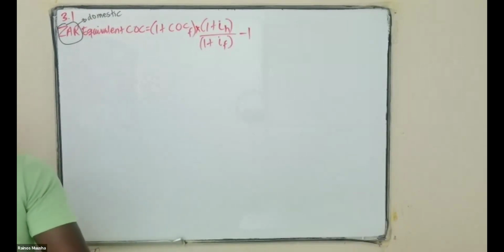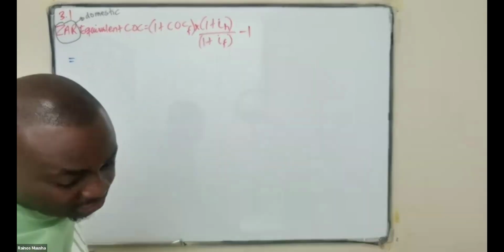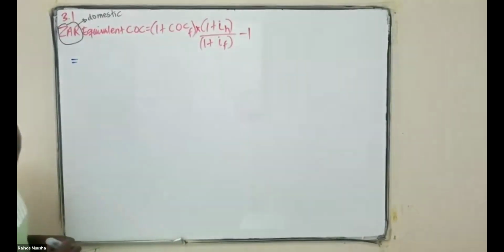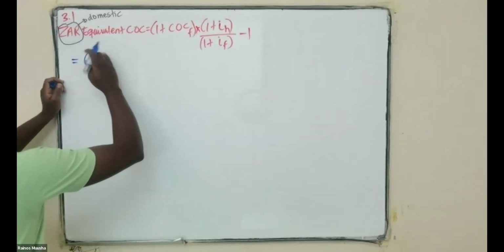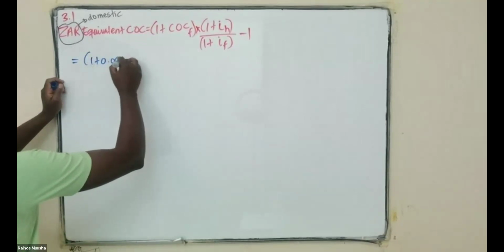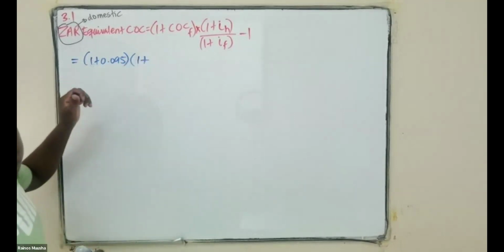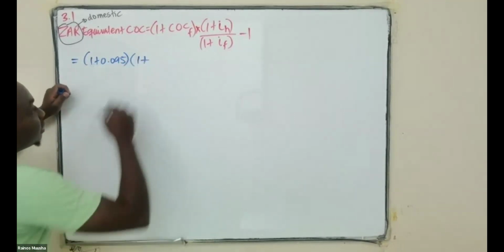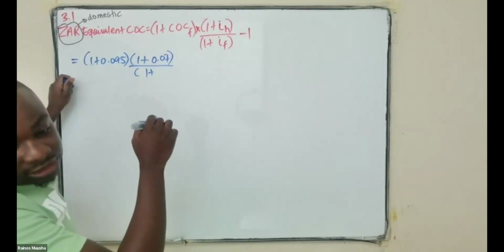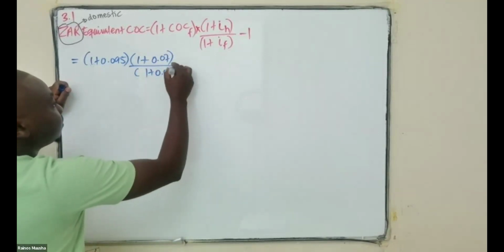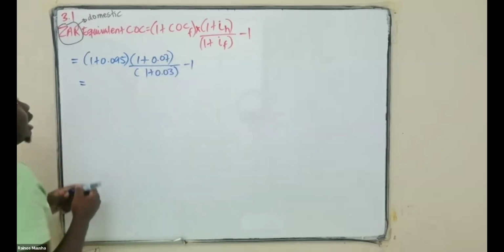So given this formula, the ZAR equivalent cost of capital is going to be equal to, remember on the question they tell us that the cost of capital in the foreign currency is 9.5%, so it's 1 plus 0.095 multiplied by 1 plus the inflation in the home currency, which is South Africa, 7%, so 0.07, and the inflation in the foreign currency is 3%, which is 0.03. Then minus 1. So how much would you get as the ZAR equivalent cost of capital?